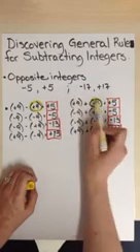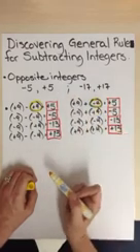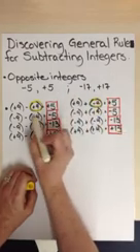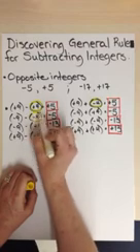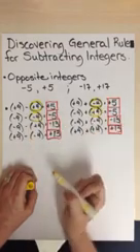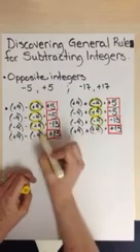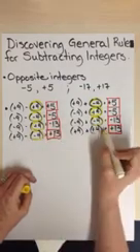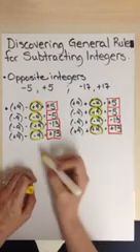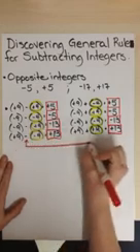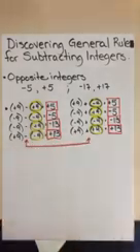So +4 has an opposite integer of -4. In the second one, it was -4, and it switched to +4. So they're becoming their opposite integer when we go from subtraction to addition.